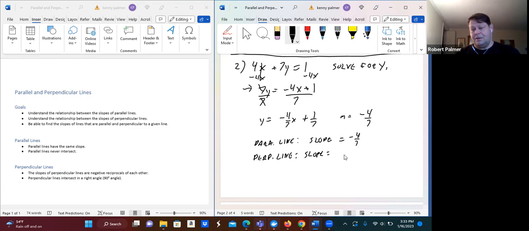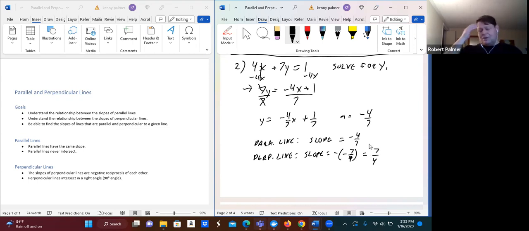So flip this, it becomes 7/4 over negative, which is negative 7/4, and then negate it. The reciprocal is negative 7/4, then negate that, and that's going to be 7/4. So any line that's parallel to the original one will have this slope. Any line that's perpendicular to the original will have this slope.